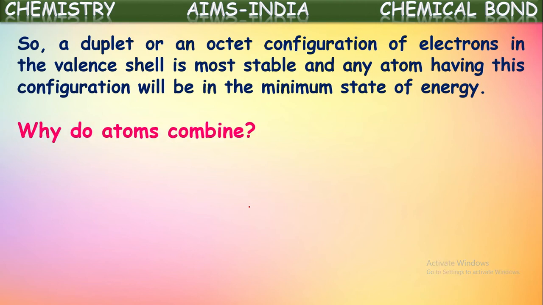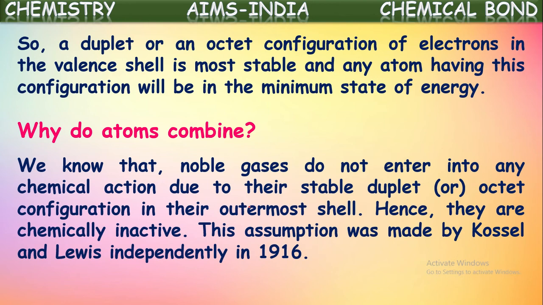So why do atoms combine? We know that noble gases do not enter into any chemical reaction due to their stable duplet or octet configuration in their outermost shells. Hence they are chemically inactive. This assumption was made by Kossel and Lewis independently in 1916. Kossel proposed that elements combine together by transferring electrons, and at the same time Lewis independently proposed that atoms combine together by sharing electrons between them.